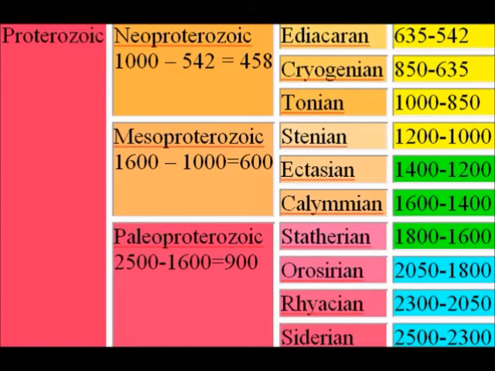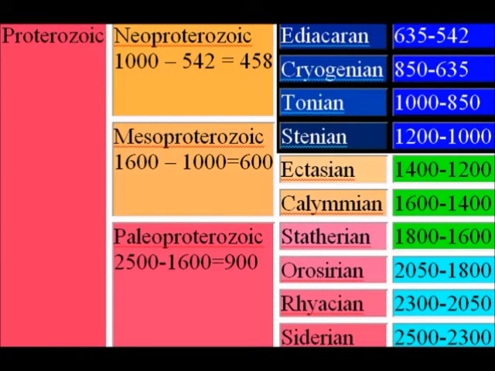The painting encompasses several periods of geological time. The first is the Tonian Period, dating from 1200 to 1000 million years. The second is the Tonian, dating from 1000 to 850 million years ago.